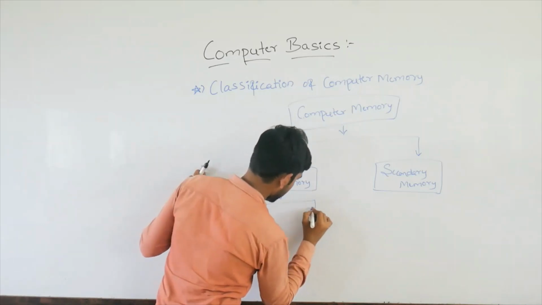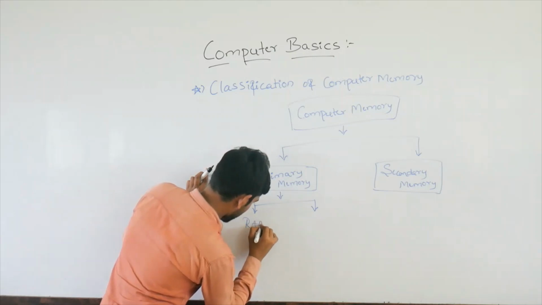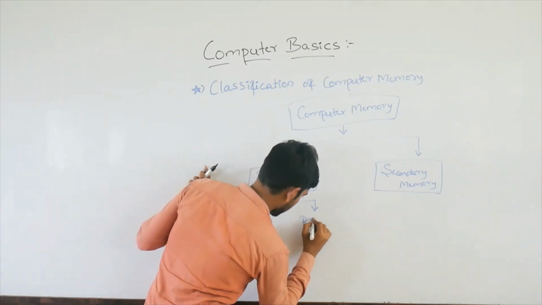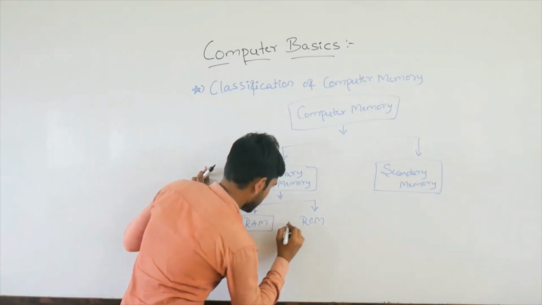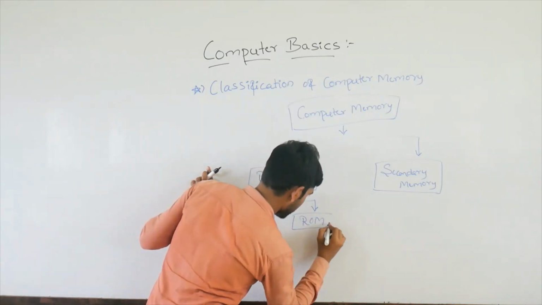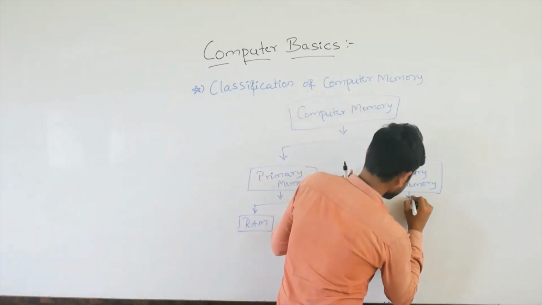In primary memory, there are two parts: RAM and ROM. RAM means random access memory. ROM means read only memory.